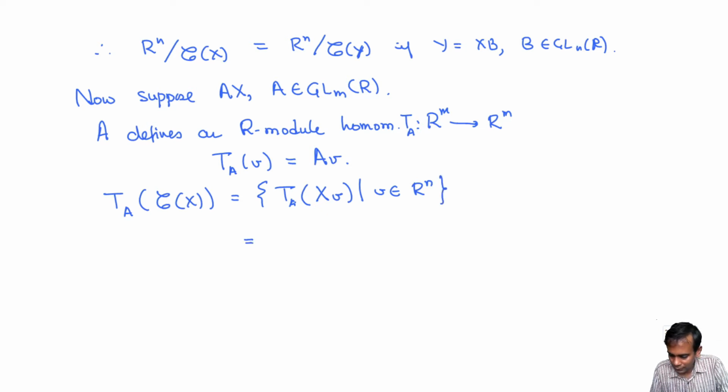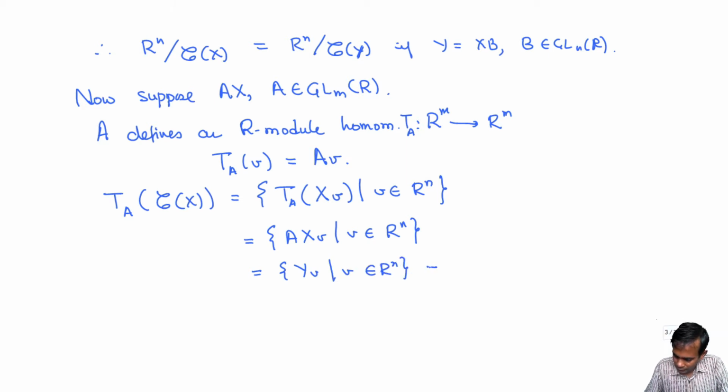But what is T_A of XV? Well, T_A of XV is AXV, where V belongs to R^n. But AX is Y.